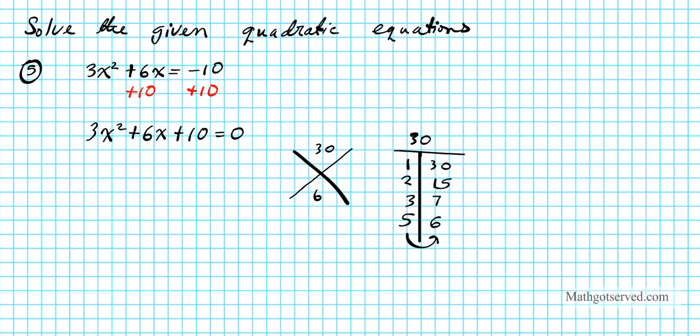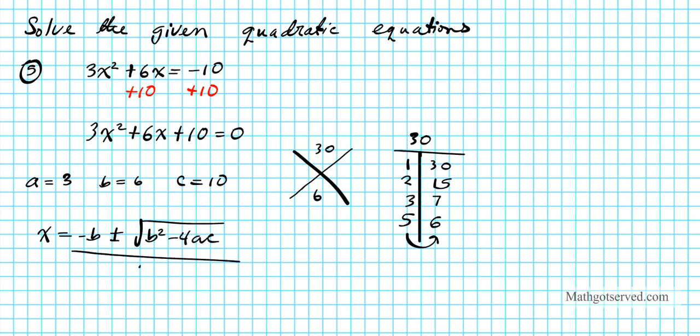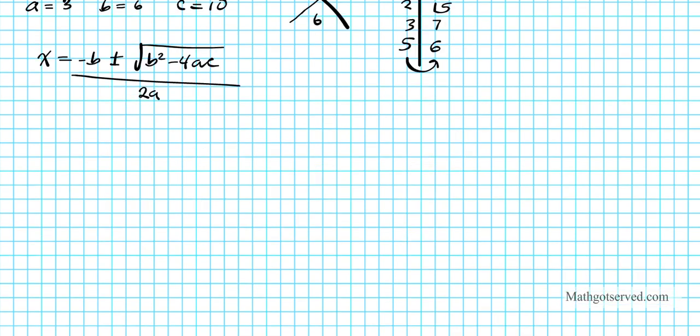Okay, so A is 3, B is 6, and C is 10. We're going to use x equals negative b plus or minus the square root of b squared minus 4ac all over 2a. Okay, so this is what we're going to be using here. Alright, so let's go ahead and apply this quadratic formula to this problem.